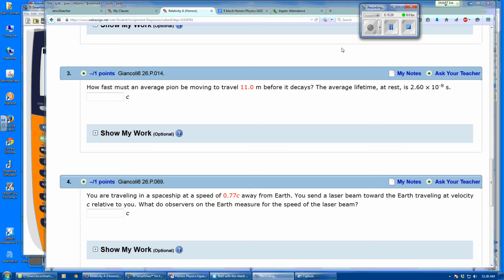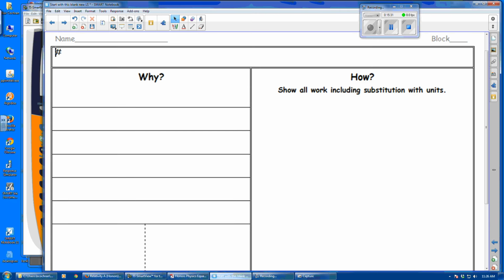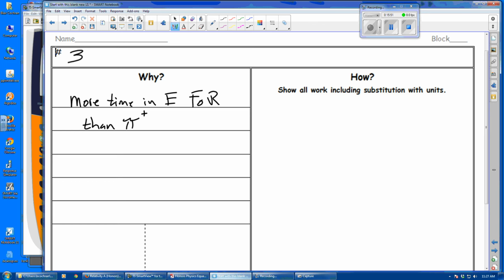So all of that type of ideas should be here in your Y. Things like more time in Earth frame of reference than pion. 11 meters is in Earth's frame of reference.